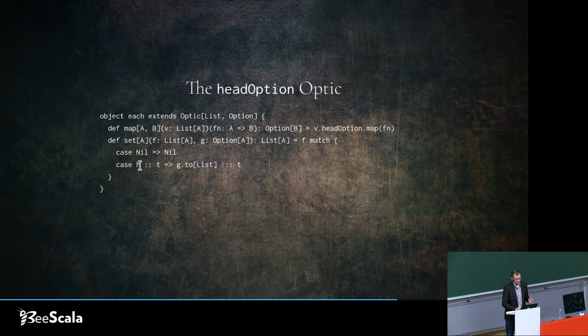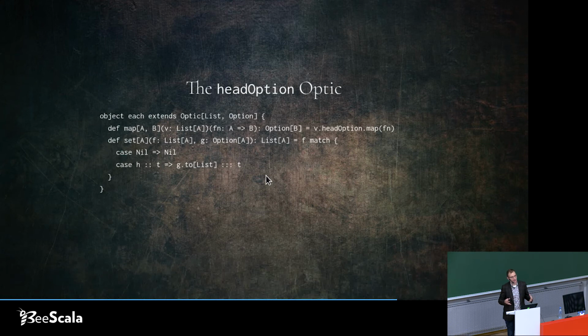If it had at least one element, then we take that first element, we actually get rid of the first element, H. The head is no longer used. And we attach the tail to the result, G, the option. We have to convert it to a list first. So we're simply replacing the head of the list in this particular case.